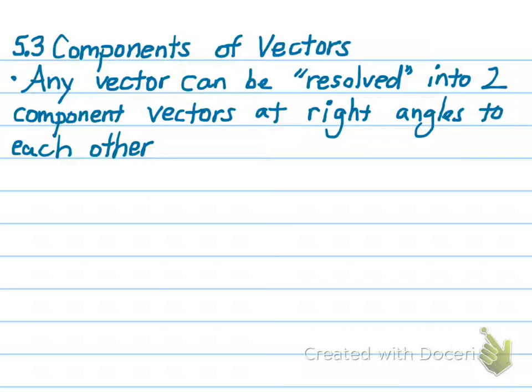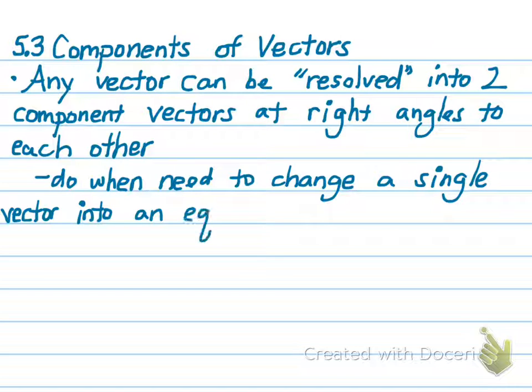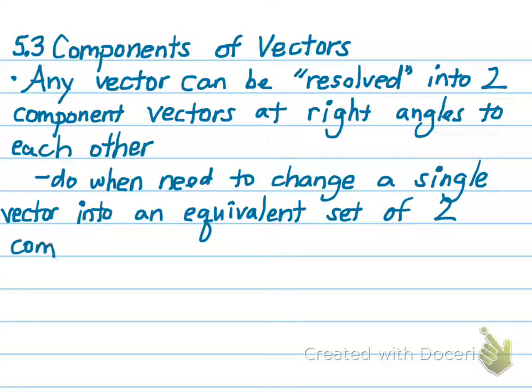So, when do we do this? We do this when we need to change a single vector into an equivalent set, or equal set, of two component vectors.